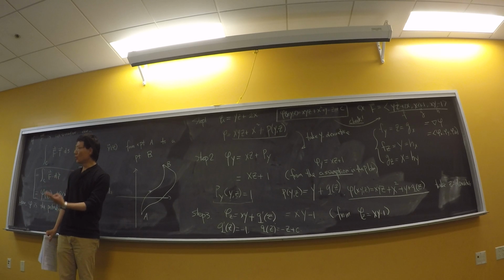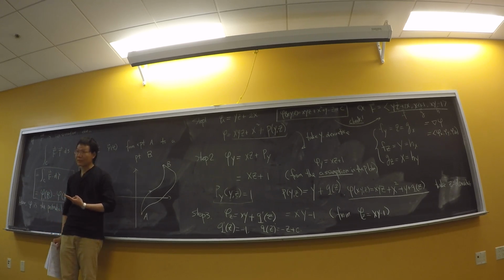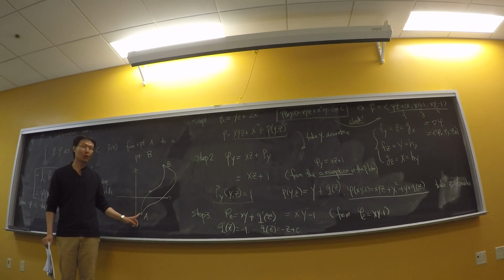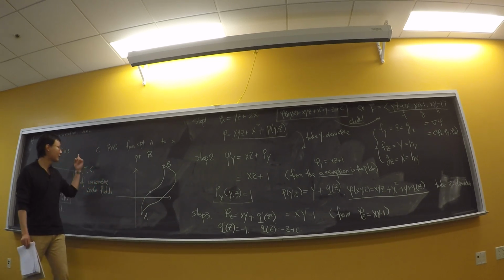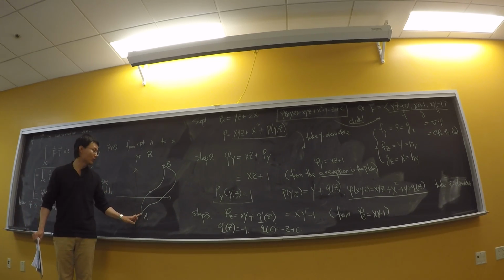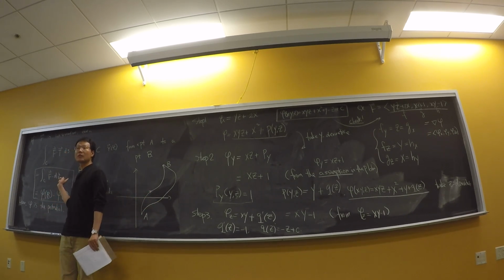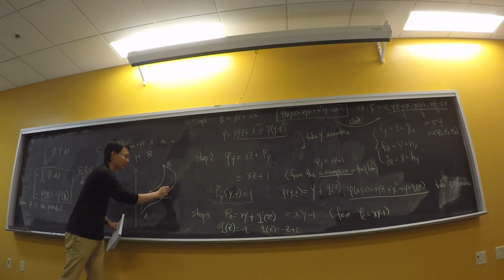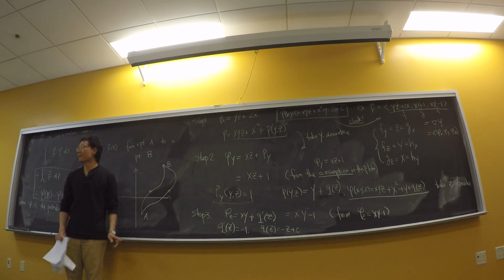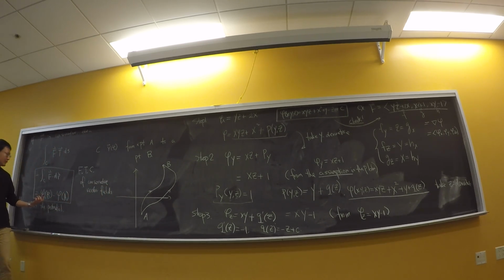So if I have 2 points, A and B, fixed, and I'm using these 2 different curves, and I compute the line integral of the same vector field with respect to 2 different paths, according to this fundamental theorem of calculus, these 2 line integrals have to be exactly the same. Are you with me? These 2 line integrals have to be exactly the same because it is always equal to the difference between the function values at those different points.